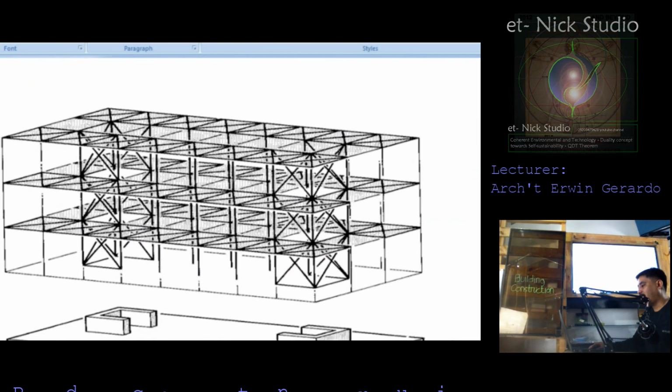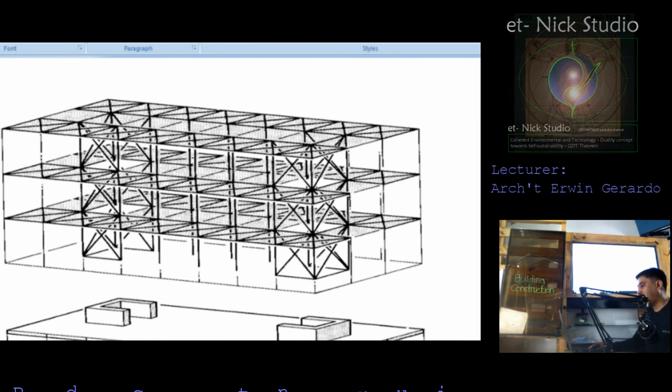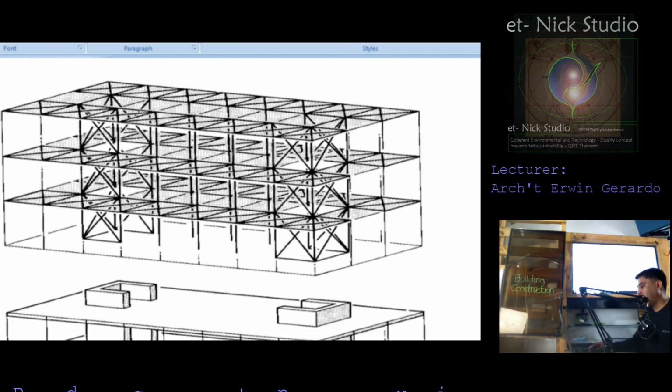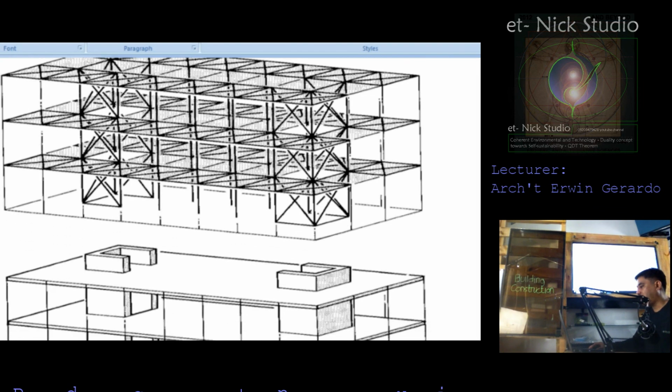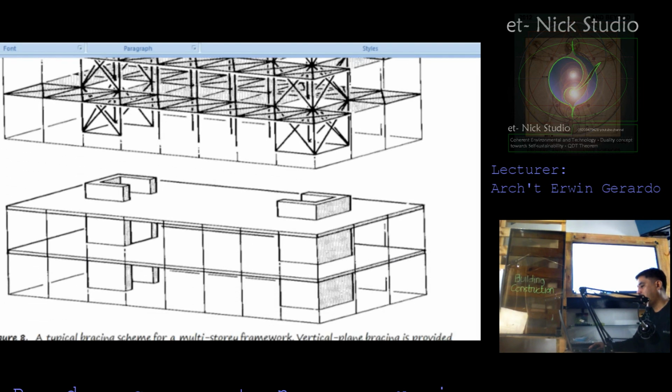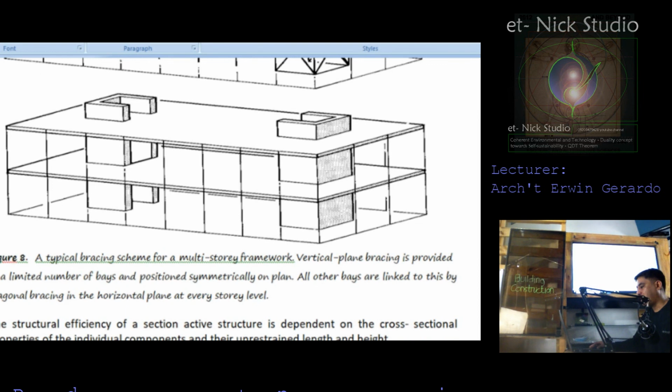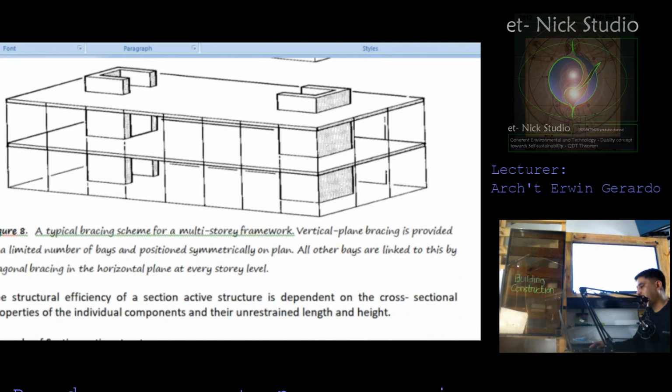This is an example of a section active structure. You can see here the structural members, its bracing, and its components. Either it is a steel frame or reinforced concrete. So here we have a typical bracing scheme for a multi-story framework, vertical plane.